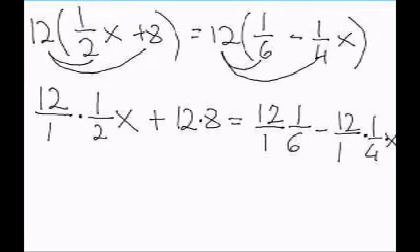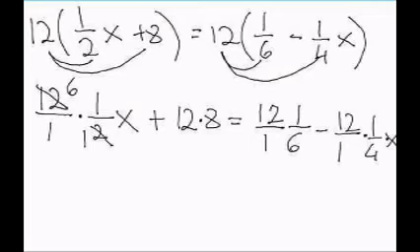Now the reason I wrote 12 as a fraction, over 1, is so that I can cancel easily and get rid of these denominators. That's why we chose the 12. As I cancel the 2 and the 12, I have a 1 left here, and a 6 over here.